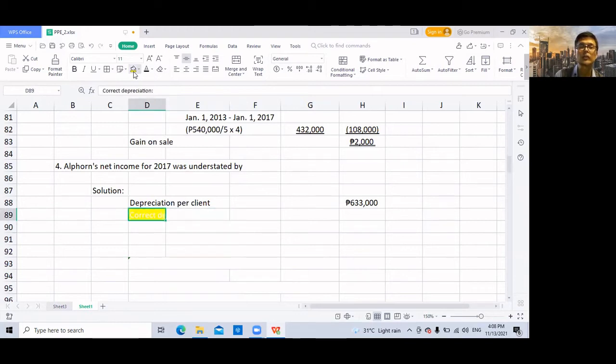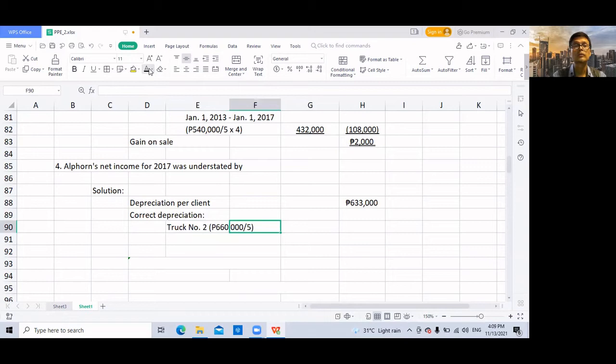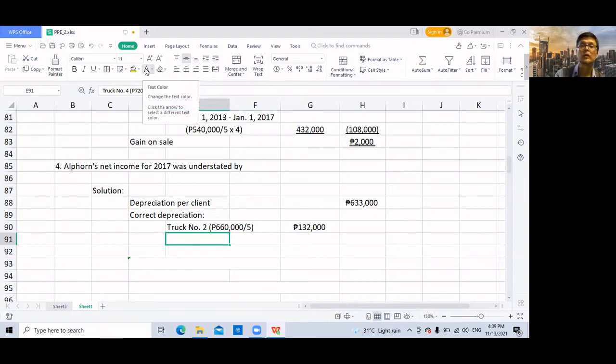And the correct depreciation was: truck number 2, we have 660,000 divided by 5, for 132,000. Truck number 1 is gone already, so we removed it. Truck number 3 is also gone, since it was also sold in 2016.